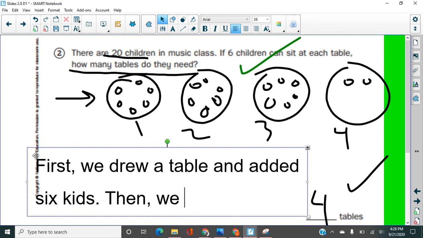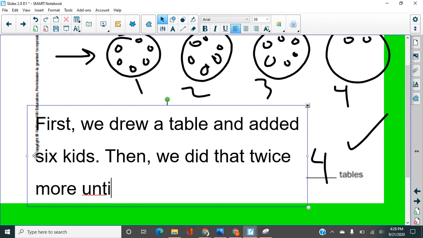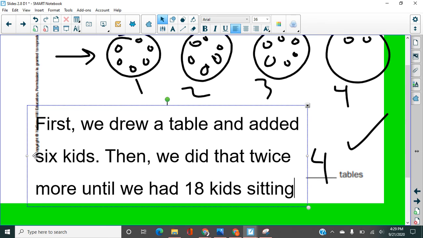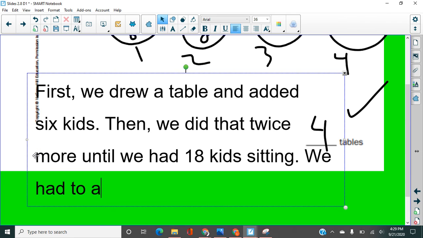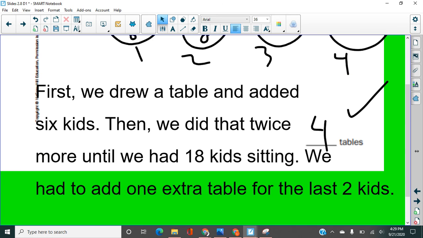Then we did that twice more until we had 18 kids sitting. We had to add 1 extra table for the last 2 kids. Okay, now we have explained what we did, right? You have to make sure that this explanation, there it is. So APE, answer, prove, and explain.